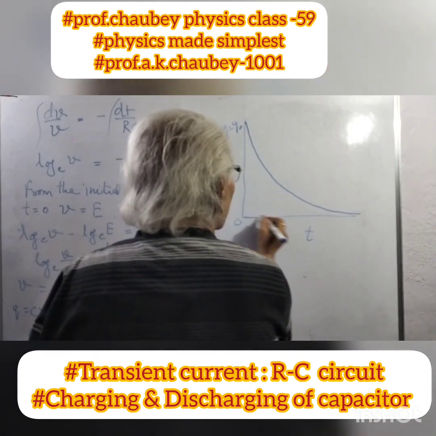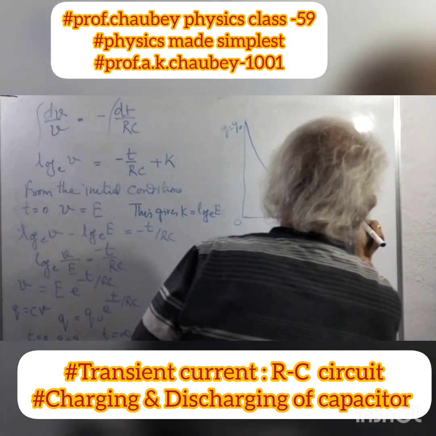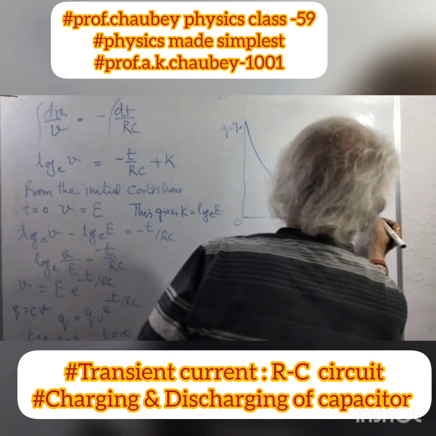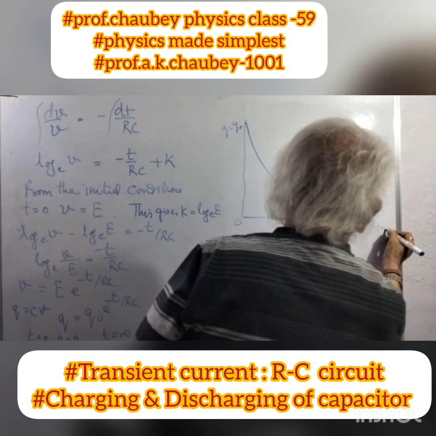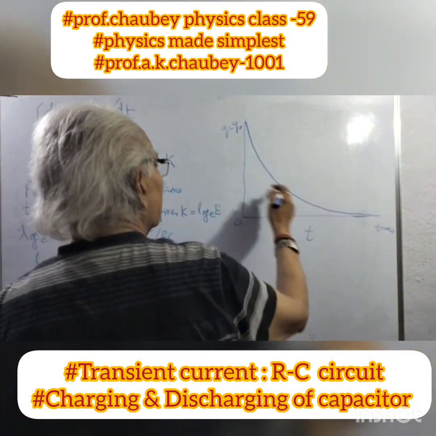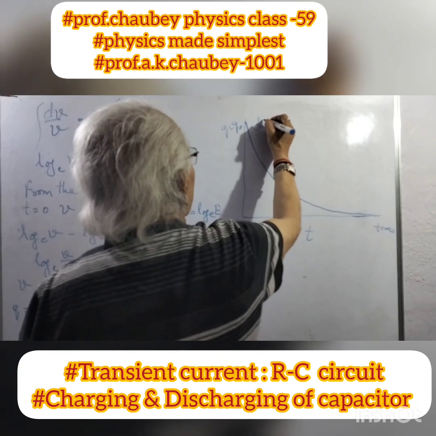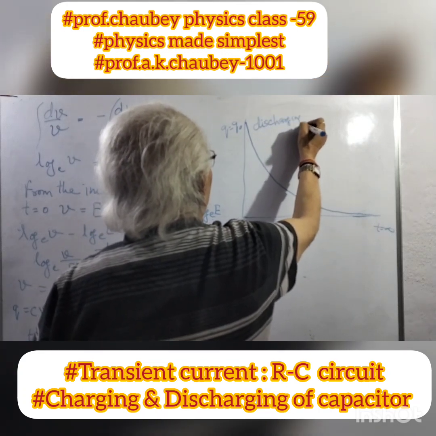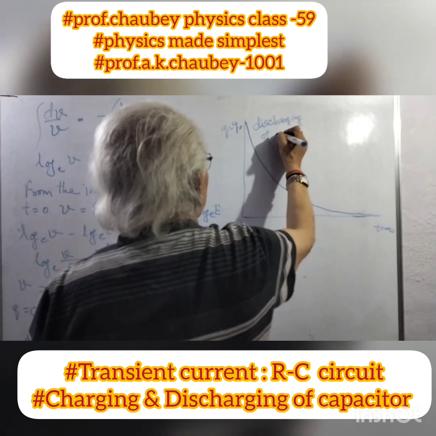It never actually reaches 0. It is exponentially coming towards 0, and at t equal to infinity, meaning very large, this becomes 0. So this is the discharging of the capacitor.